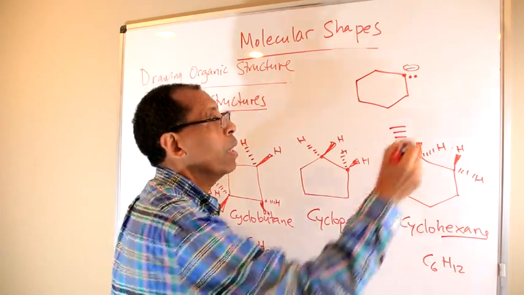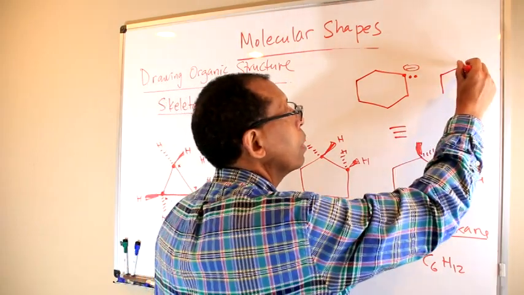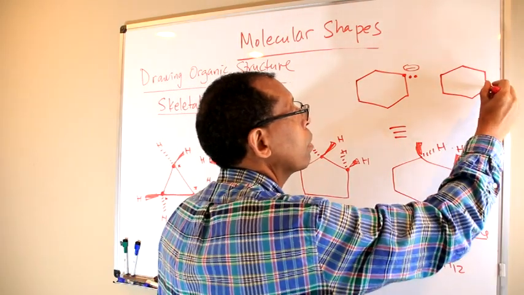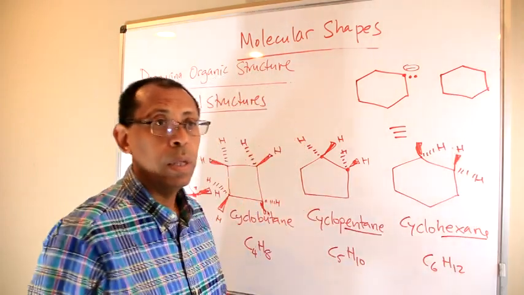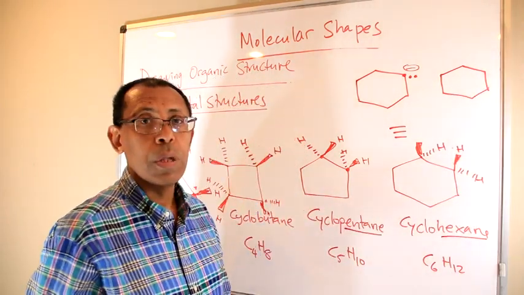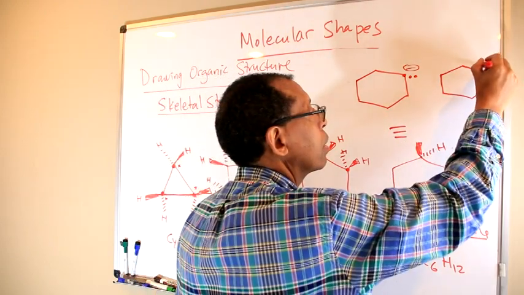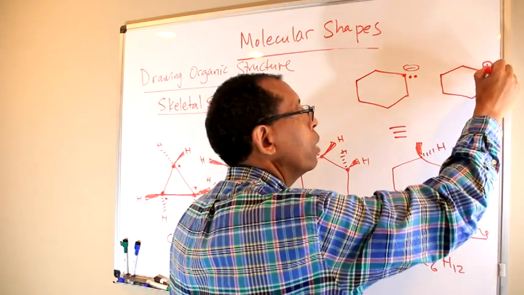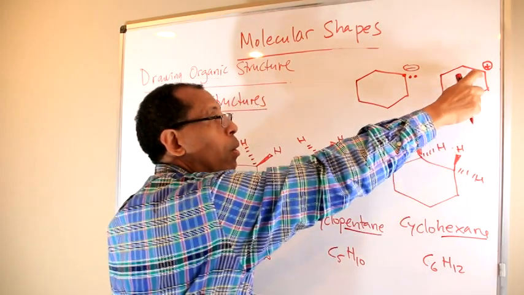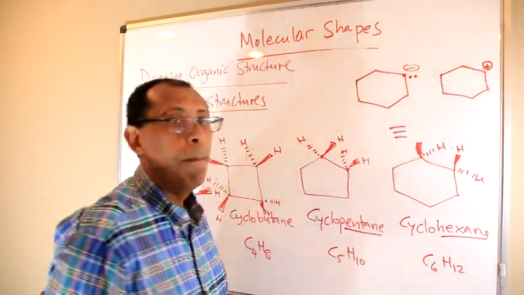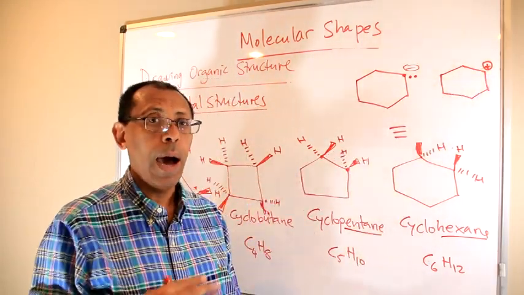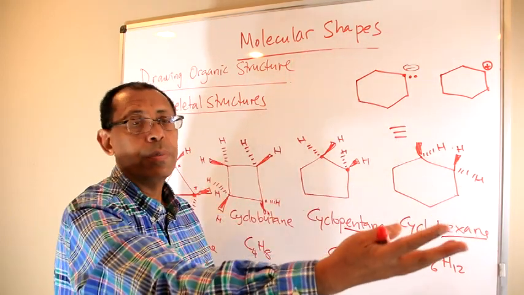Similarly, if the hydrogen takes all of the electrons with it, you have only one hydrogen and a plus. That means there is one hydrogen on this carbon, but the pair of electrons has gone with the hydrogen.